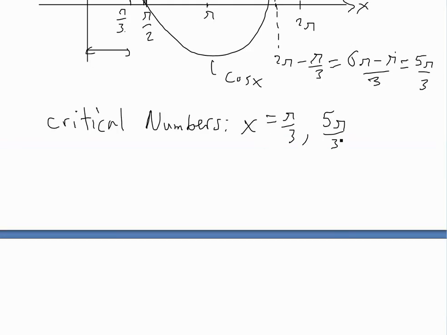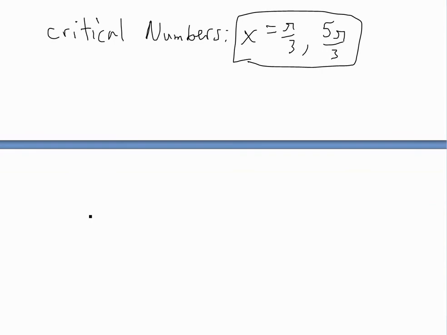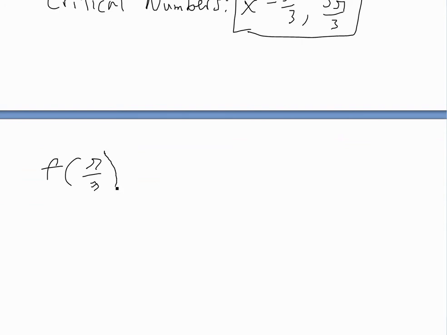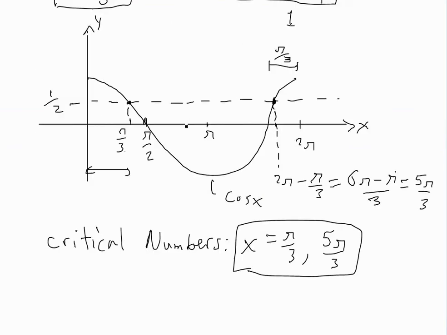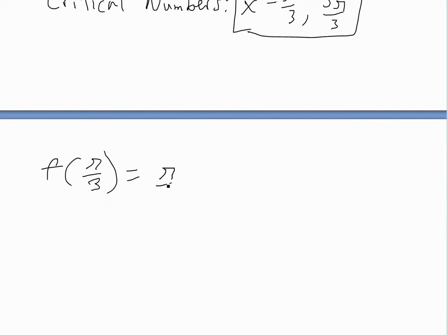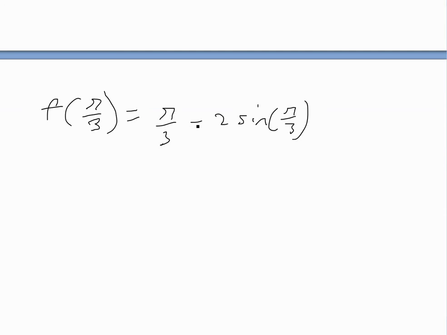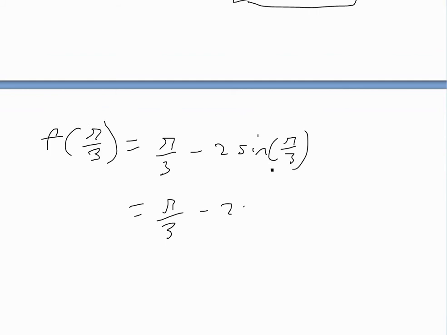So we got these values right over here. Now in this step we have to find out what the function is at these values. So f of pi over 3 is equal to, we just plug into the function, which is x minus 2 sine x. So it's going to be pi over 3 minus 2 times sine of pi over 3. Now this one we can use the exact trig ratio.